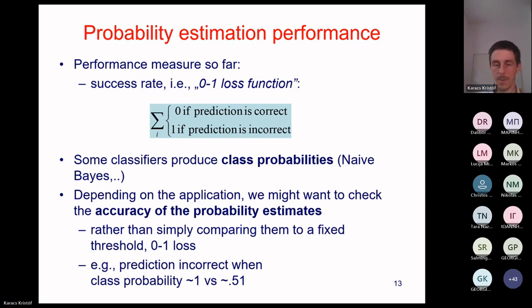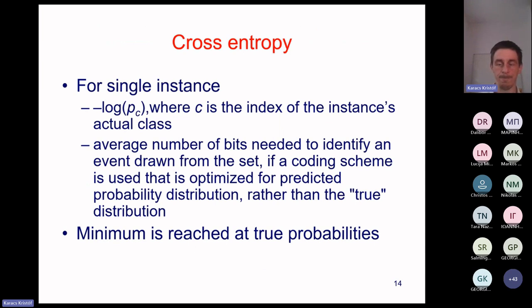So if we want to take this into account, then the most typical error measure or evaluation measure to be used is called the cross entropy, which for a single instance can be computed by taking the negative logarithm of the predicted probability for the given class, which is in the ground truth.